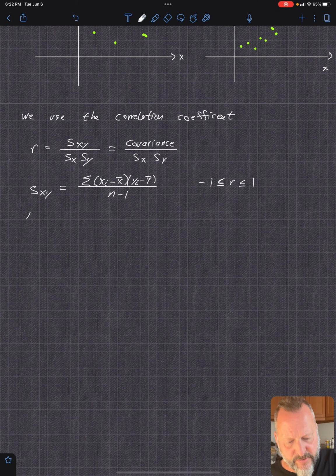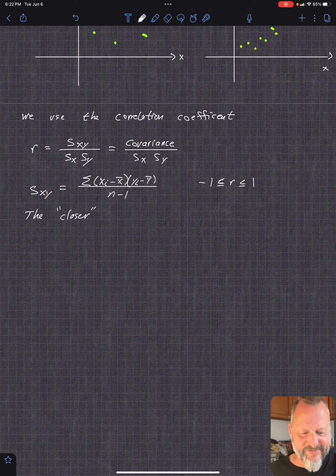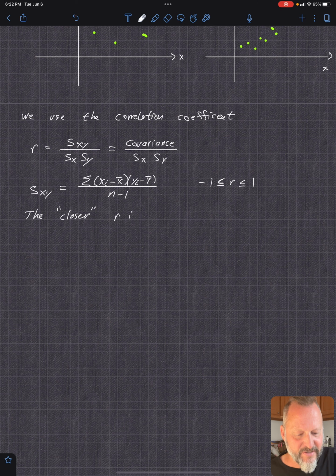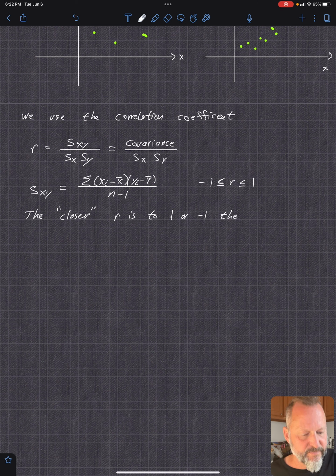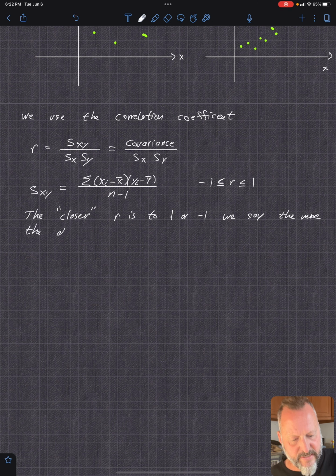So let's just say, and this is a statistical term, not a math term, this is where it deviates from mathematics, the closer R is to 1 or negative 1, we say the more the data is correlated.